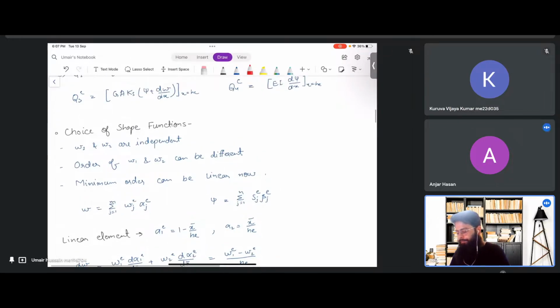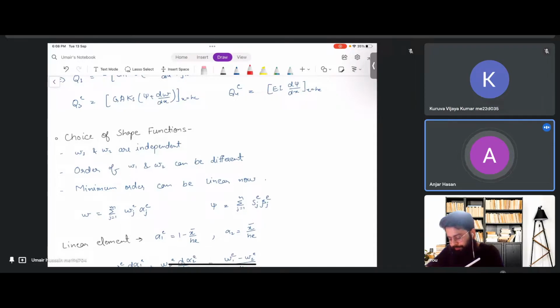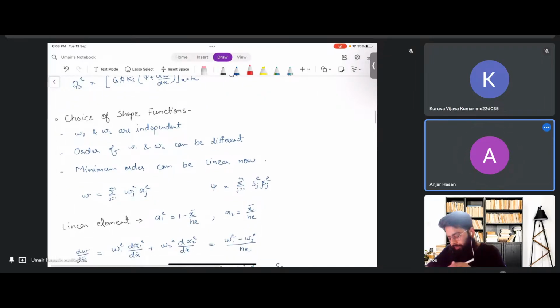For this problem, we had two different weight functions, w1 and w2. In choosing the shape functions, since w1 and w2 are independent, we can choose any different type of function for them, and the orders would be the same.